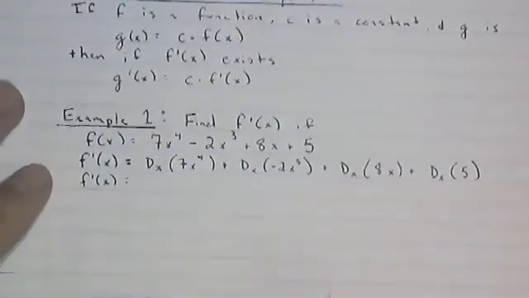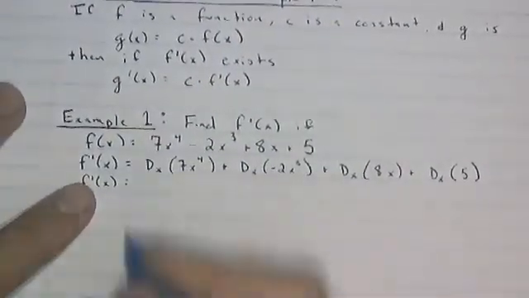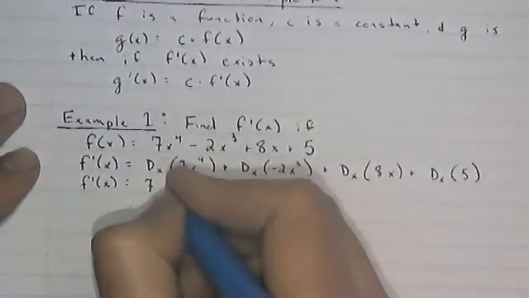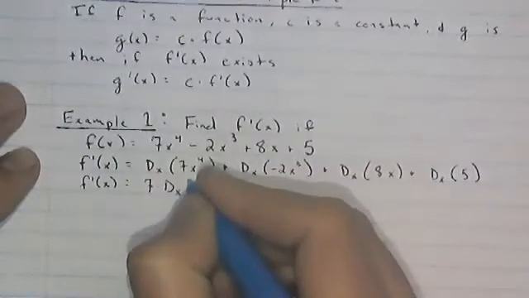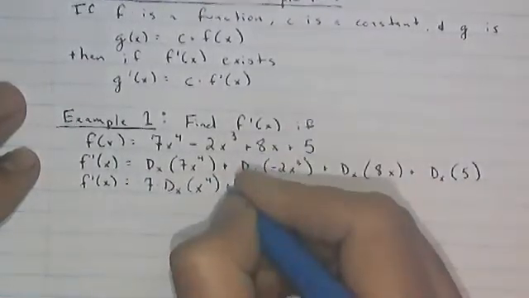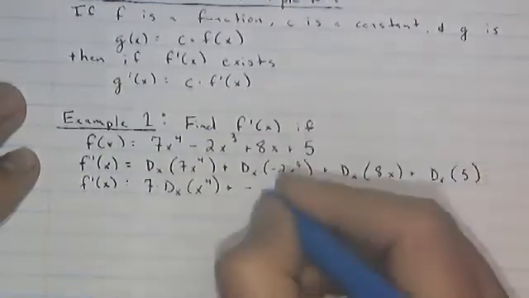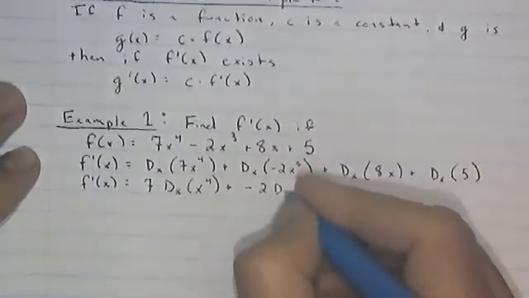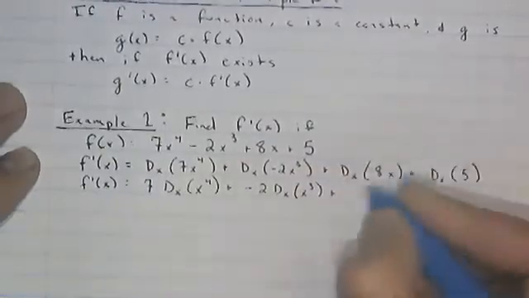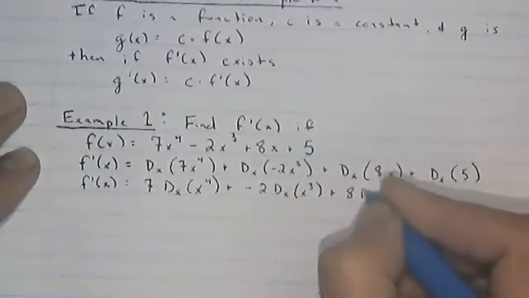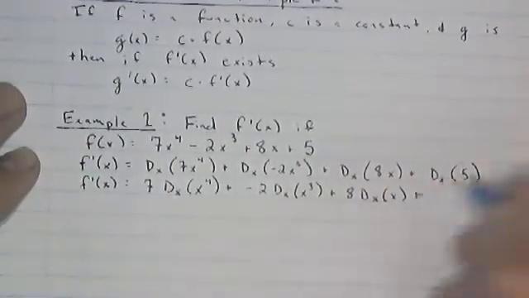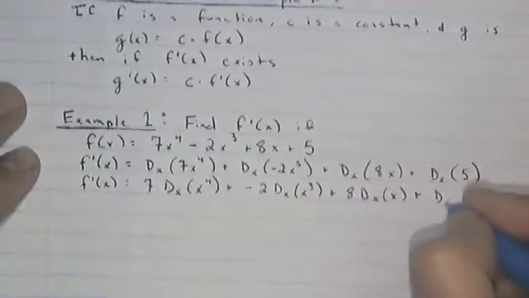The constant multiple rule then says we can pull out these constants. 7 times the derivative with respect to x of x to the 4th plus negative 2 times the derivative with respect to x of x cubed plus 8 times the derivative with respect to x of x plus, that's just still the derivative of 5.